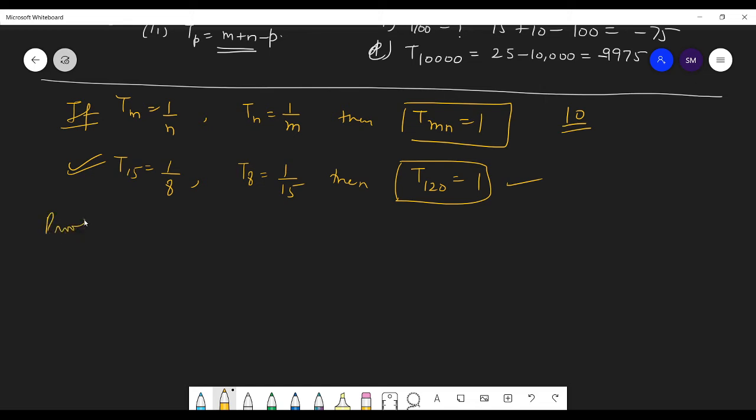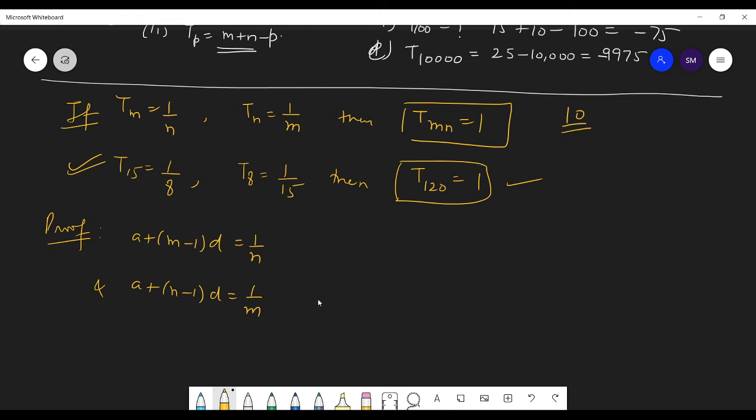So proof: what is Tm equal to, students? a plus (m minus 1) into d, and that is equal to 1 by n. And Tn is equal to 1 by m, so a plus (n minus 1) into d is equal to 1 by m.